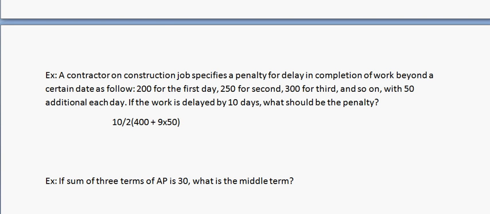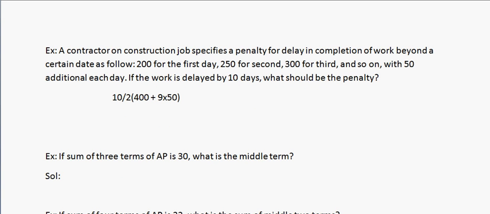Now if the sum of 3 terms of an AP is 30, what is the middle term? When we are doing such kinds of questions, we assume the terms of the AP. If the first term is a, the second term would be a plus d, and the third term would be a plus 2d.